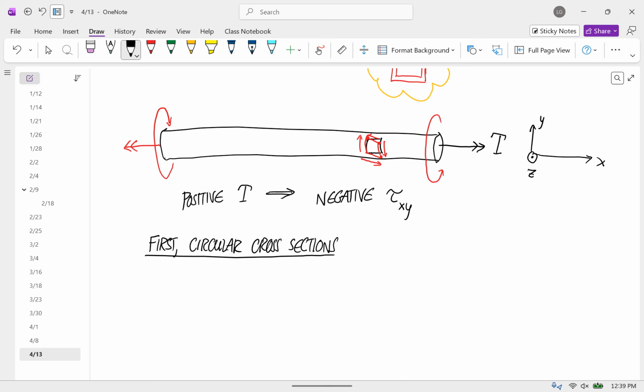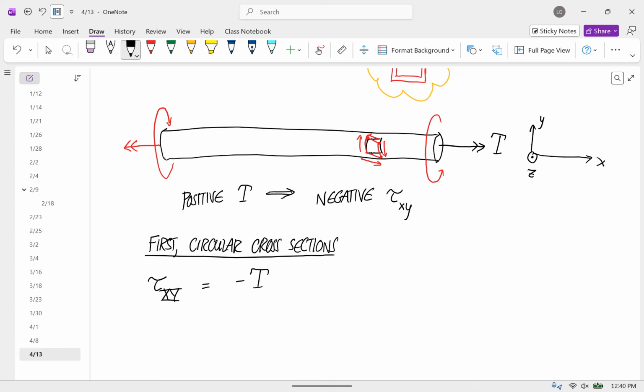We are going to use a formula that says tau, and I'm going to call this capital XY, a temporary coordinate system, is equal to negative internal torque times rho divided by what's called the polar moment of inertia.